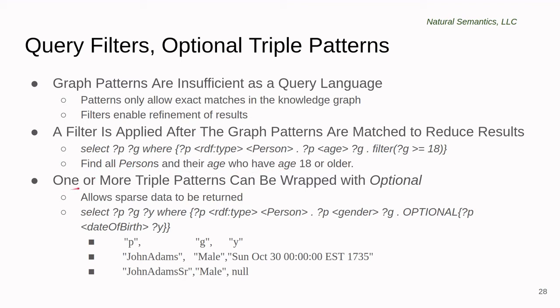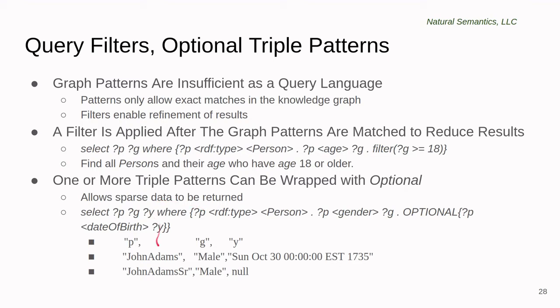Another important concept is that of an optional pattern. This is important if we have sparse data, if our data is not, from a tabular point of view, completely specified. So we might say select ?P, ?G, ?Y where ?P type Person, ?P gender ?G, and then optional ?P date of birth ?Y.